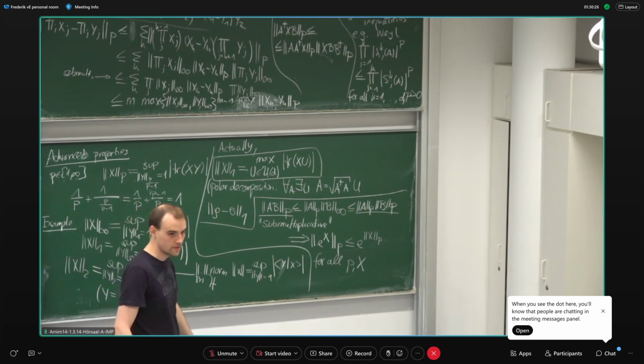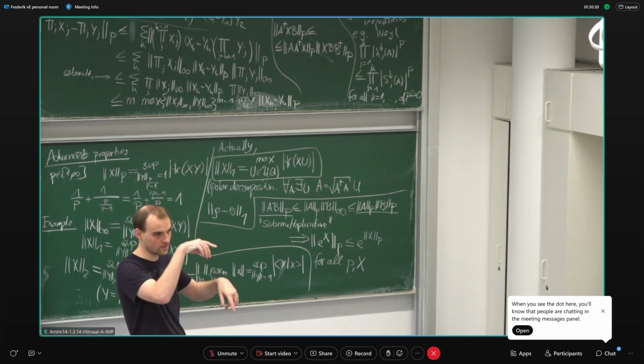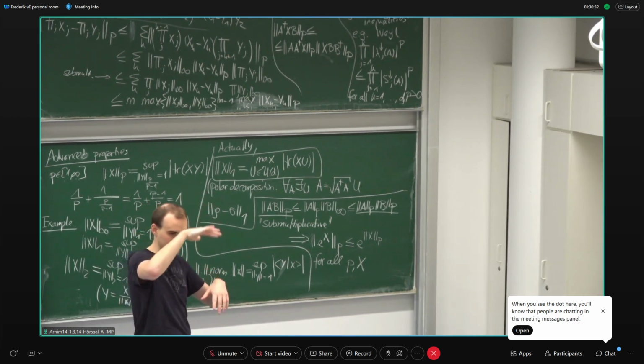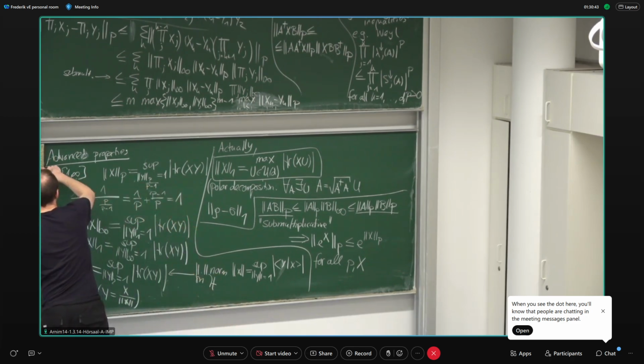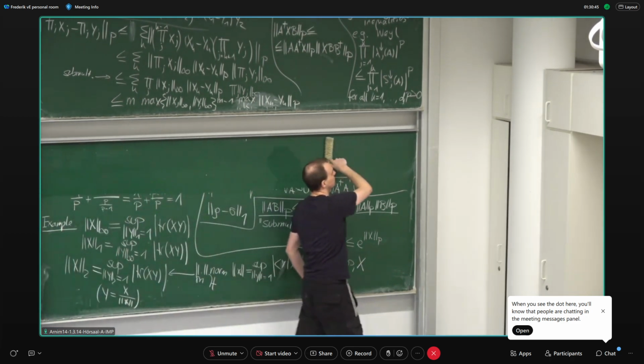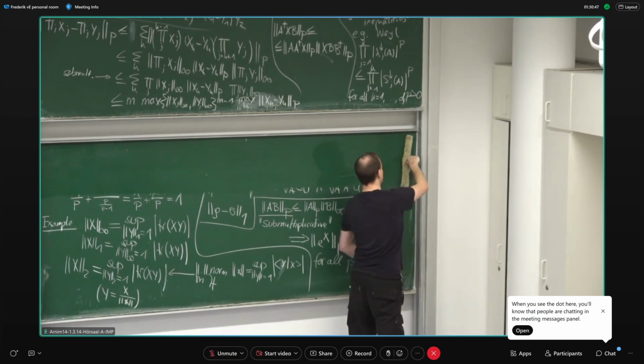What does the arrow mean? Decreasing ordering. So lambda 1 with a down arrow is the largest eigenvalue. And p larger than 0. Yes.